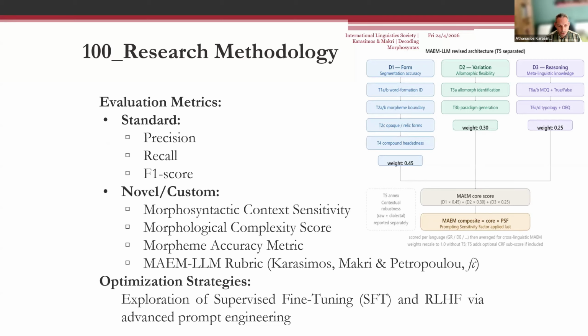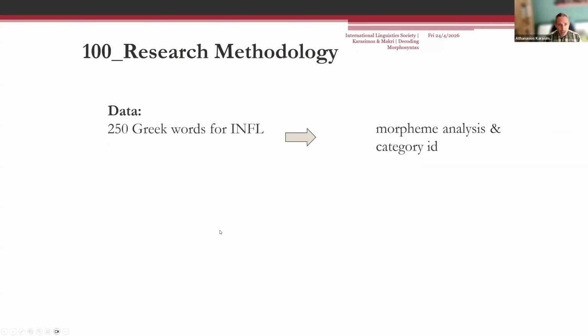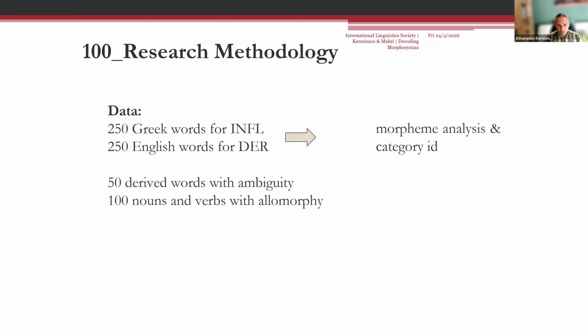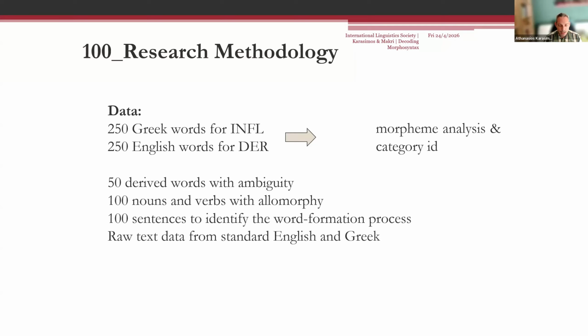And the exploration of supervised fine-tuning and reinforcement learning by human feedback via advanced prompt engineering, as we're going to see with specific examples. So our data includes 250 Greek words for inflection and derivation, both for Greek and English, 50 derived words with ambiguity, 100 nouns and verbs with allomorphy, and 100 sentences to identify the word formation process, and some raw text data from standard English and Greek.